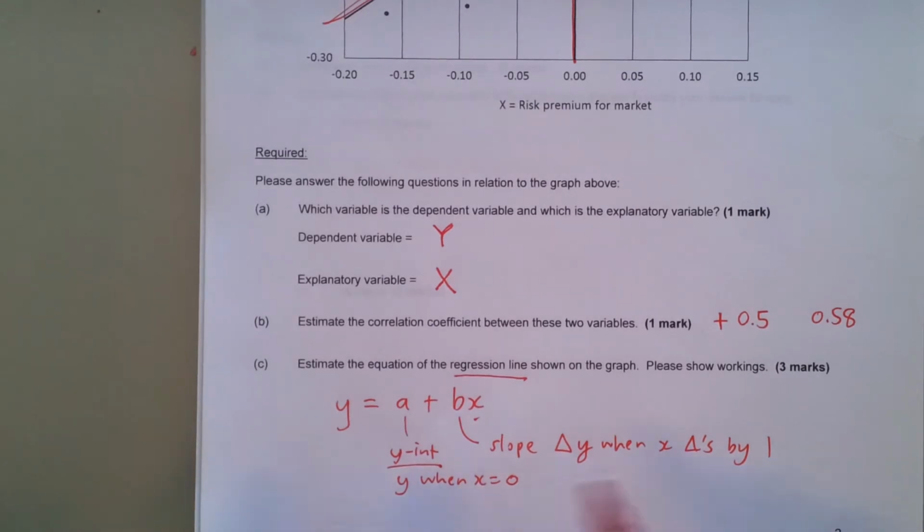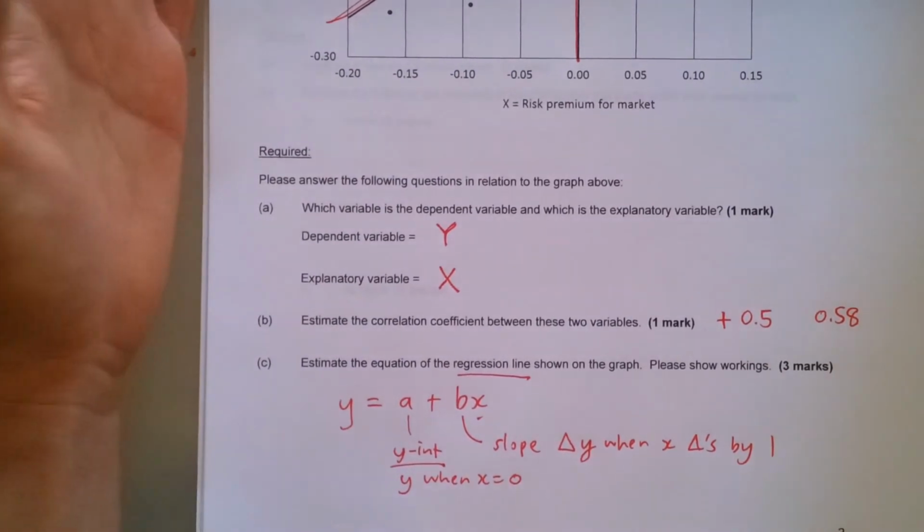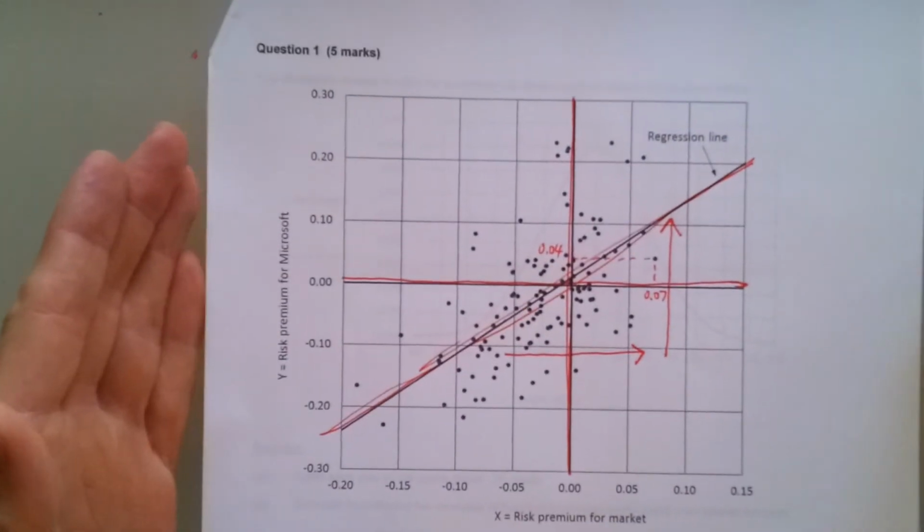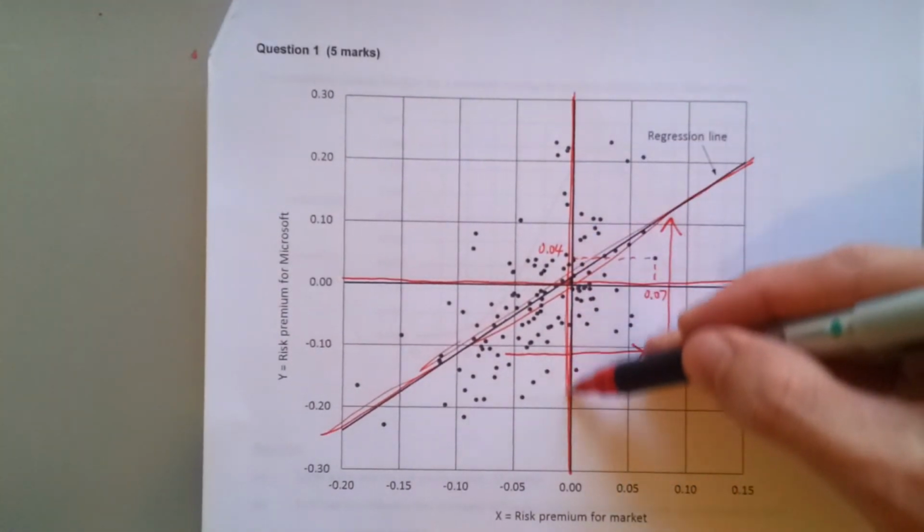These interpretations will be important as we start to look at linear regression lines in the next few weeks. When we estimate the equation of the line, we want to have some sense of what the coefficients a and b actually mean. Now, looking at this graph, we can find the y-intercept pretty easily, remembering that this is the y-axis.